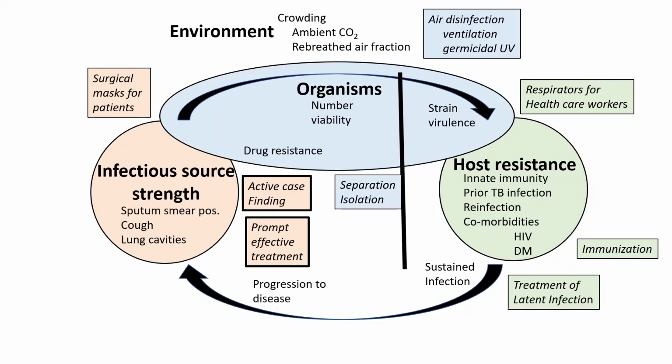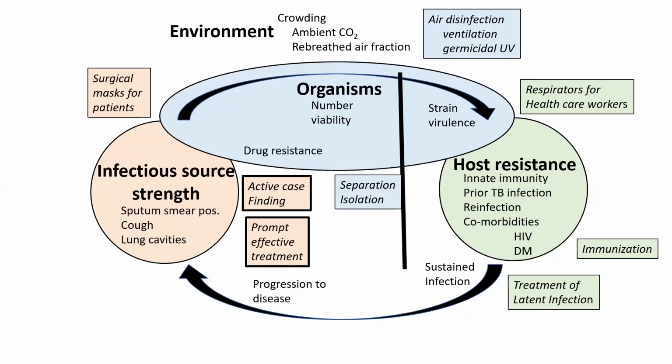BCG provides some protection from infection as well as disease. And then there are factors that decrease protection, obviously HIV, diabetes, etc. The cycle is completed by the infected host developing, through pathogenesis, into another infectious case.